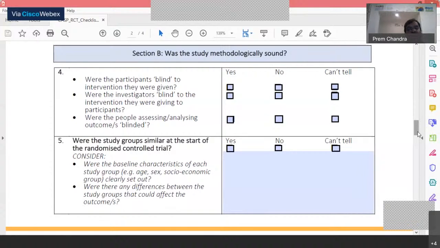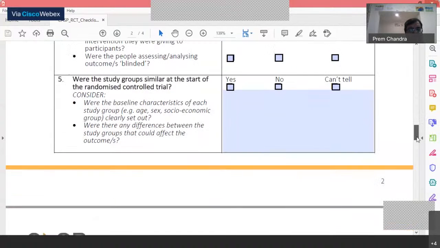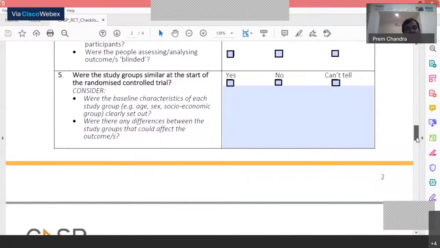When you do a proper RCT, it is quite obvious that most of the factors you measure at baseline, the covariates, are more likely to be balanced apart from the intervention. You need to assess that too. This is where we say randomization not only controls the known factors but also adjusts for unknown factors which we don't know.